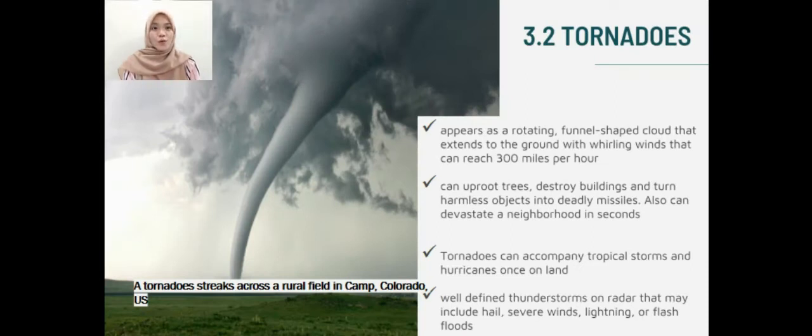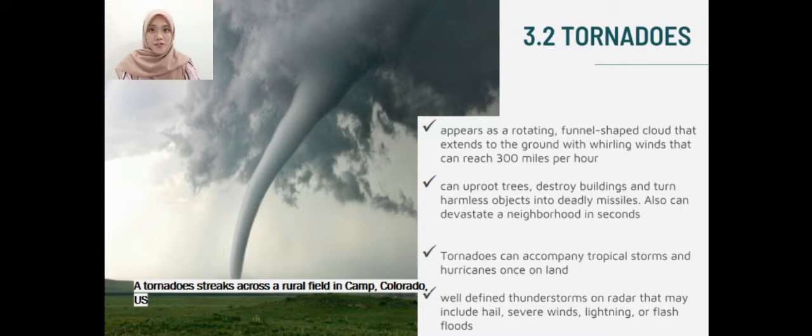Next are tornadoes. Tornadoes are nature's most violent storms, which can uproot trees, destroy buildings, and also turn harmless objects into deadly missiles. Worse, a tornado can devastate a neighborhood in just a second.